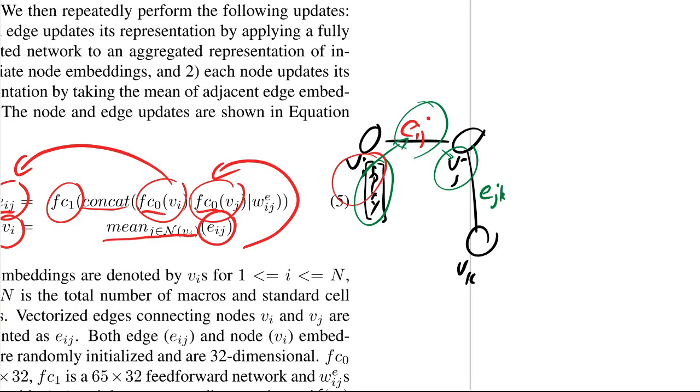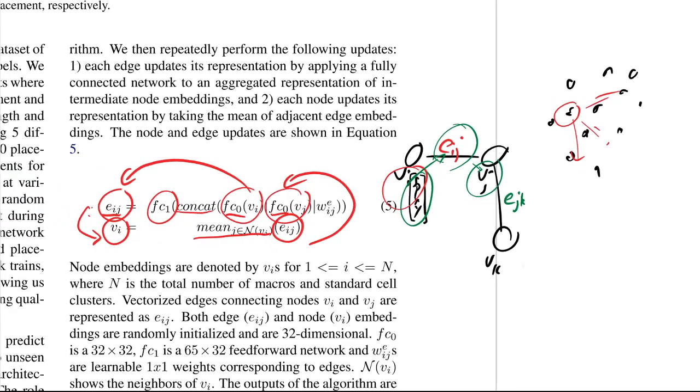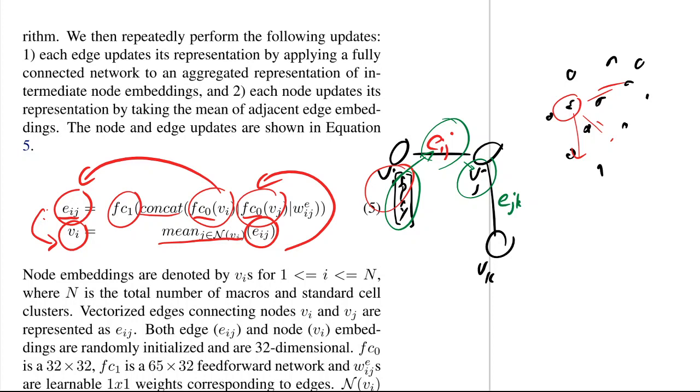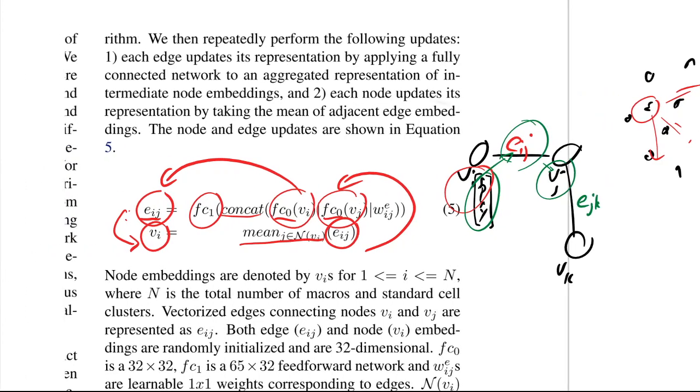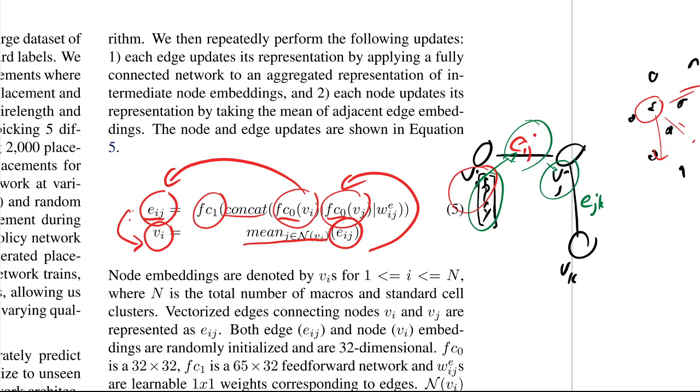Over time, if you have a big graph like this, the information from any particular node will kind of propagate out throughout the graph. And at some point, you can sort of reach an equilibrium where everyone in the graph knows about everyone else.